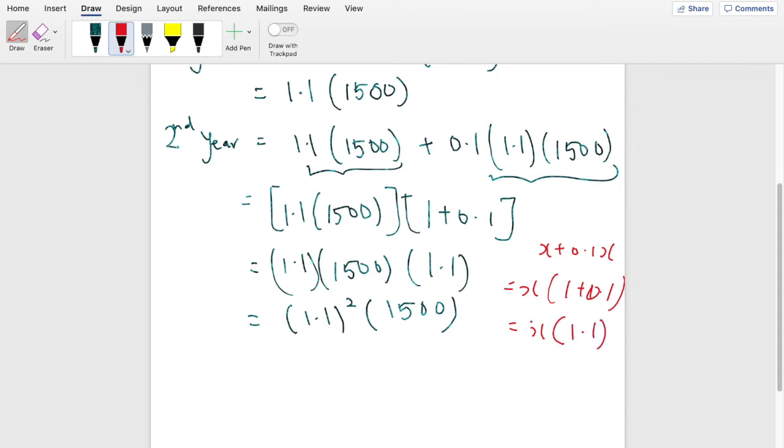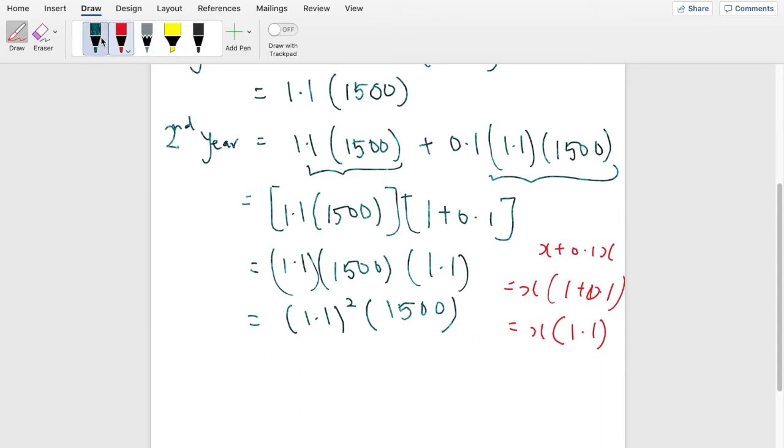You should be able to get this. Once you factorize out x, you get 1 plus 0.1, so you get 1.1x, which is what we get here. This is our 1.1, this is our x, and this is our 1.1.